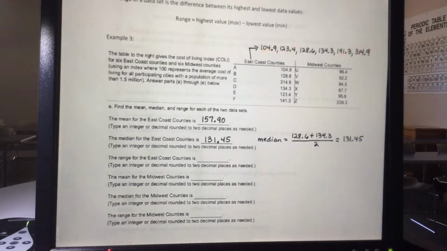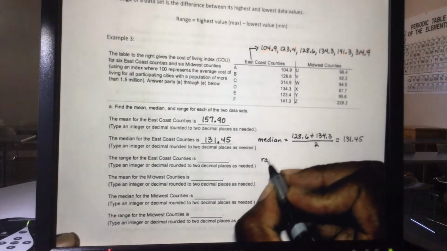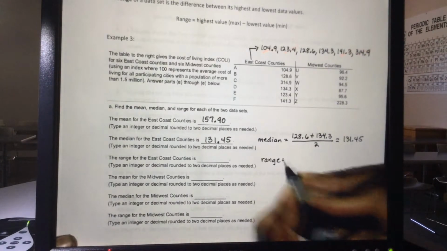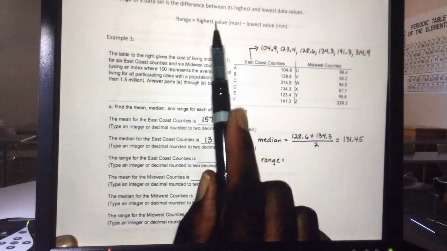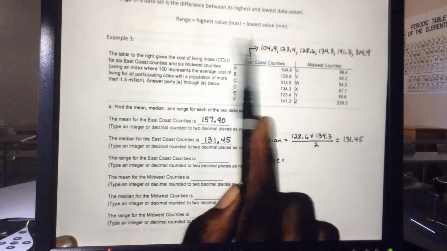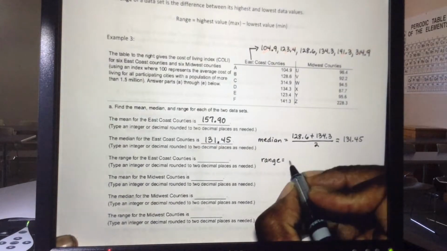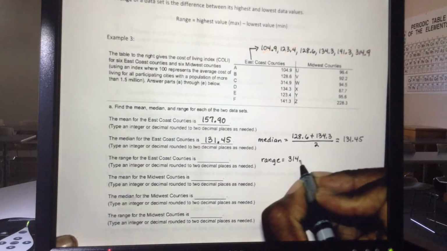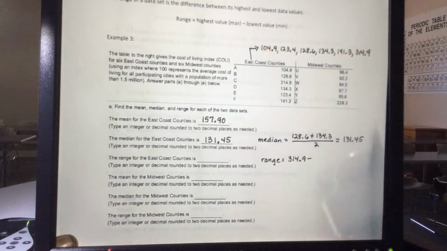And now for the range for the East Coast counties. When you're finding the range, you have to take the highest value minus the lowest value. As you can see up here, that's how you find the range. The highest value is 314.9 minus the lowest, that's 104.9.